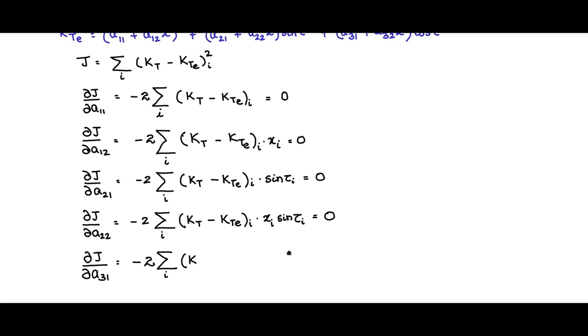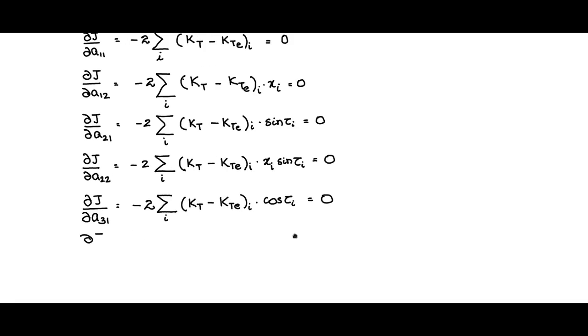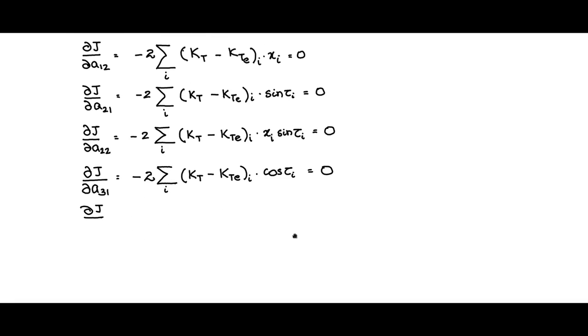A31 is equal to minus 2 sigma kt minus kte cos tau y, setting equal to 0. Let me make more space. Del j by del a32 is minus 2 sigma over all i's kt minus kte xi cos tau y, set equal to 0.